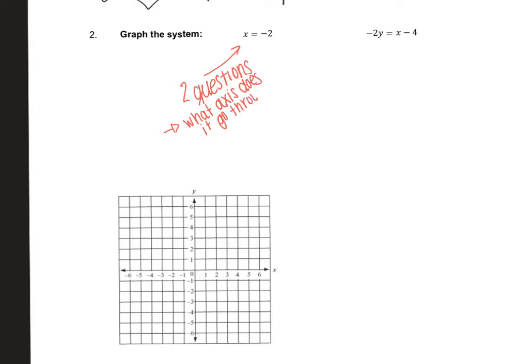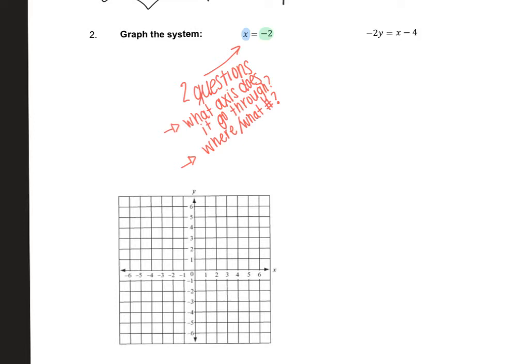And where, or what number? So in this one, what axis does it go through? It goes through the x, and where? At -2.